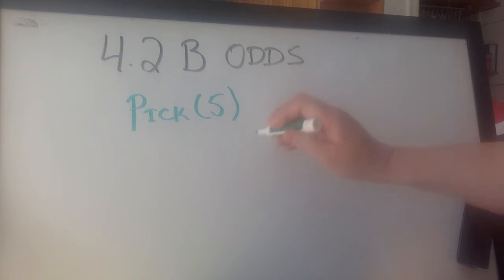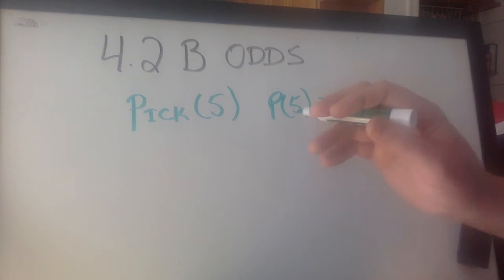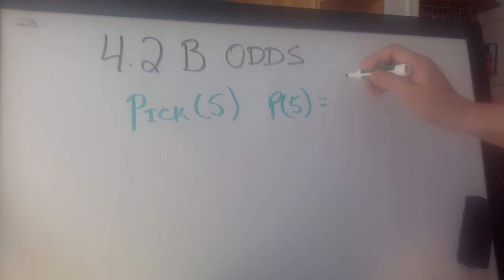What is the probability of picking a 5? Any 5, heart, club, spade, or diamond. It would be 4 out of 52. There are 4 5s, 52 cards. We're going to reduce this to 1 out of 13.